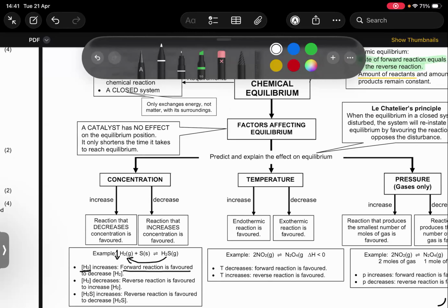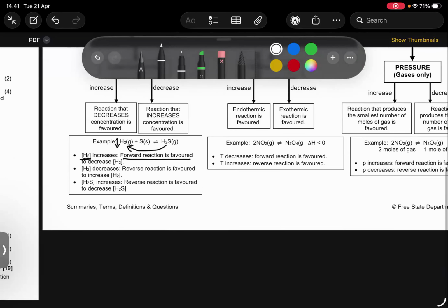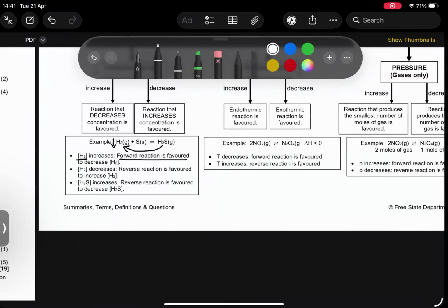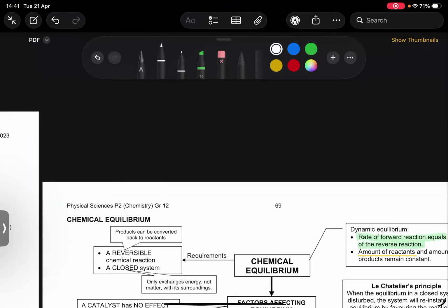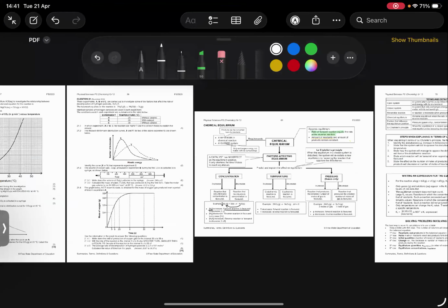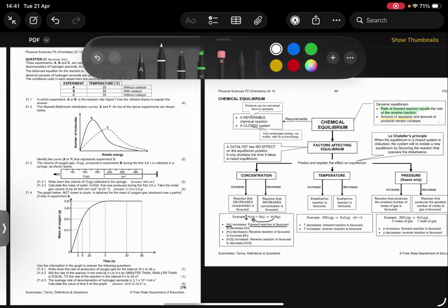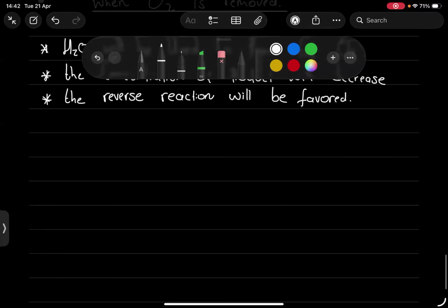And this is what Le Chatelier's principle implies. These are the factors that affect the equilibrium, right? This is how the concentration affects the equilibrium. Are we together? Yes, sir.